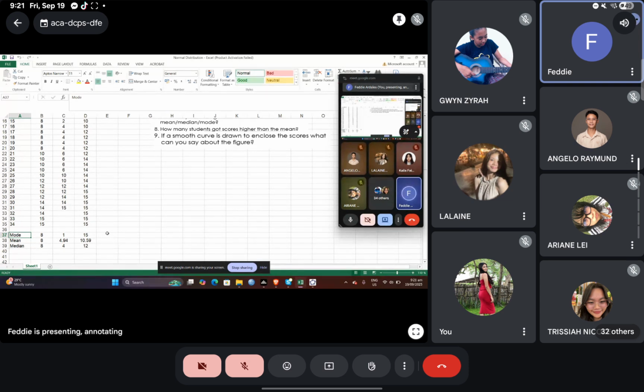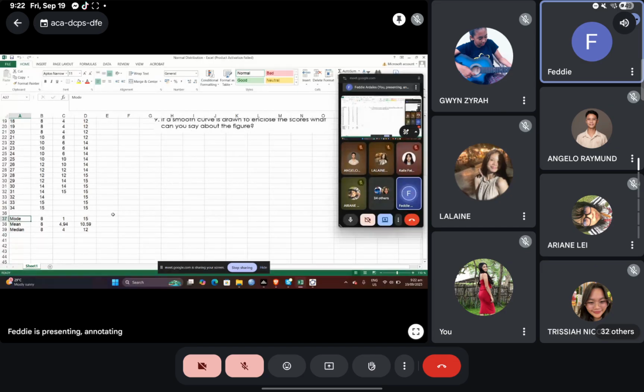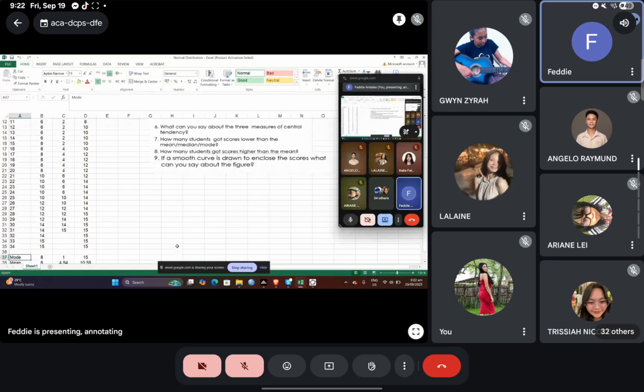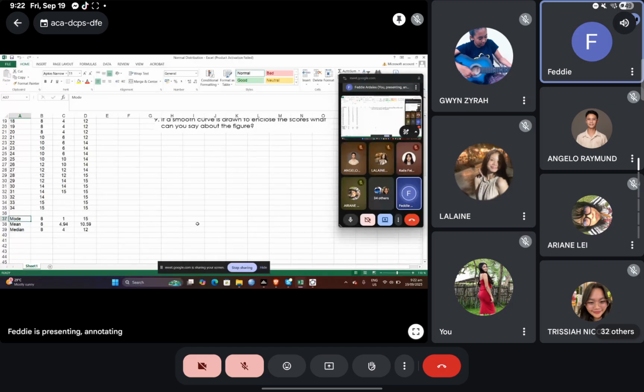In group 2, the mode is 1, mean is 4.94, median is 4. And for group 3, mode is 15, mean is 10.59, and median is 12. So these are the measures of central tendency for this group of data sets.